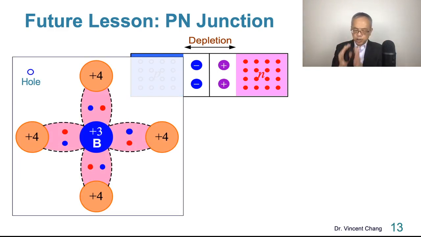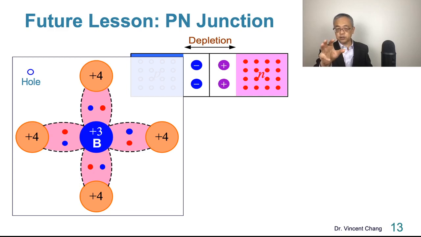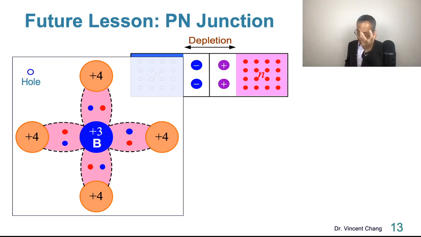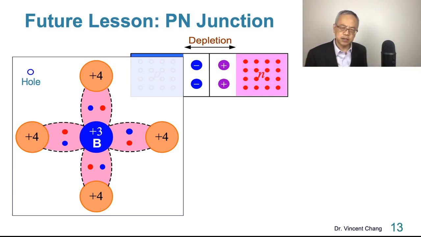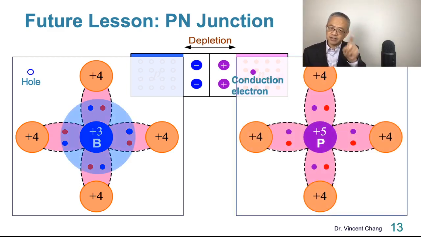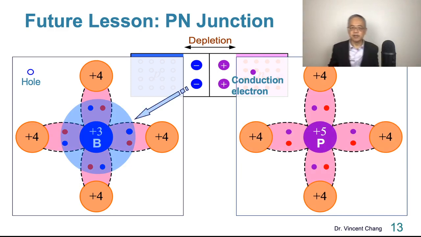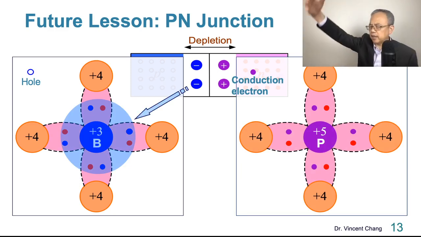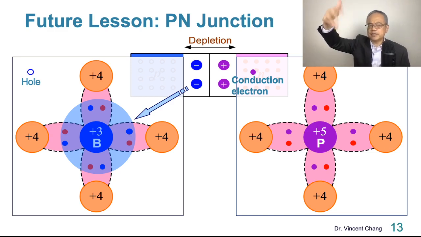Through the interaction, which I will explain in a later lecture on p-n junction dynamics, you will find that when the holes diffuse into the n-type semiconductor, the parental charge is exposed. What is exposed? The negative acceptor ion.